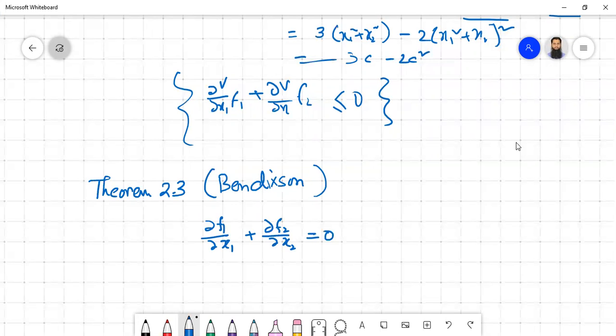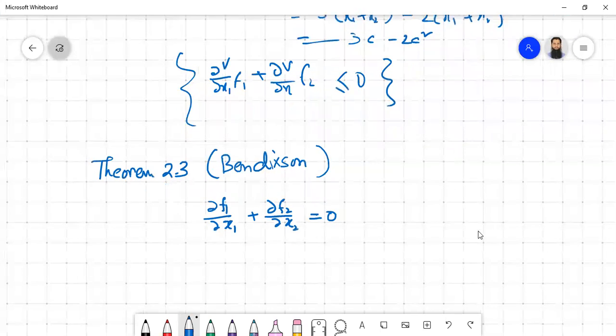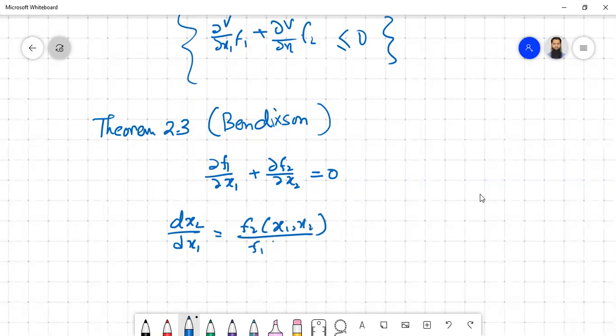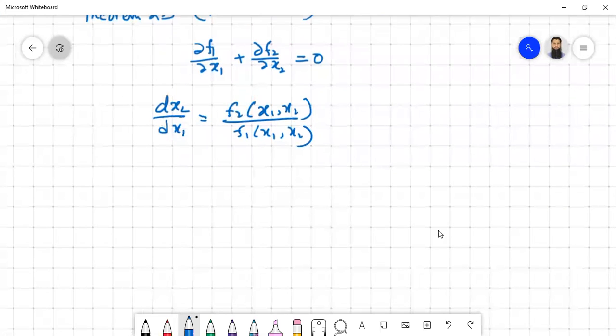Okay, so if this one doesn't vanish or change sign, in that case it is not possible to have any limit cycle. We already have derived one equation that del x2 by del x1 equals f2 of x1, x2 by f1 of x1, x2. If you just rearrange it a bit and simplify, it is just f2 by f1, then we can have f2 dx1 minus f1 dx2 equal to 0.